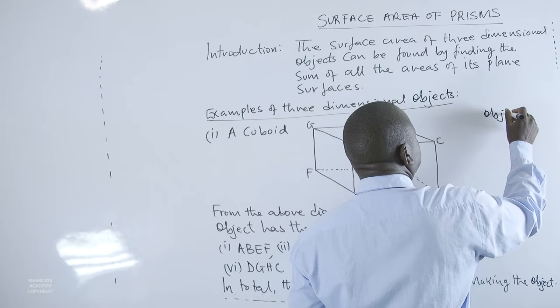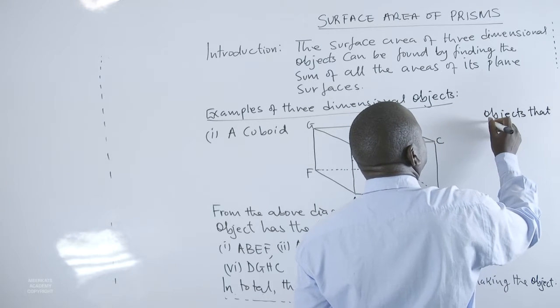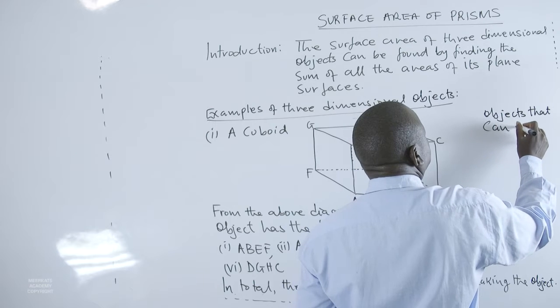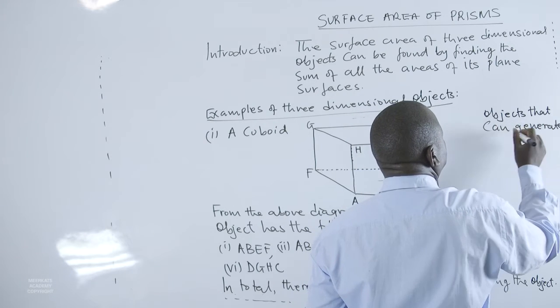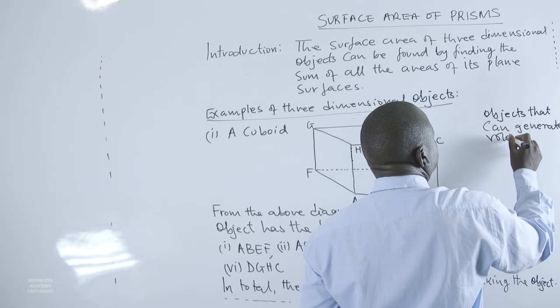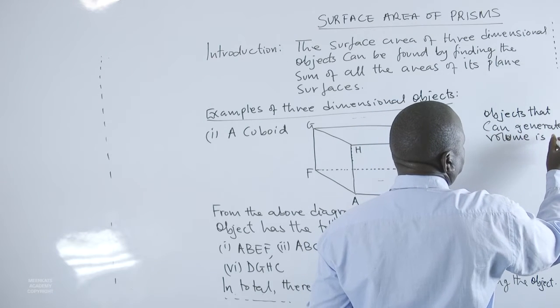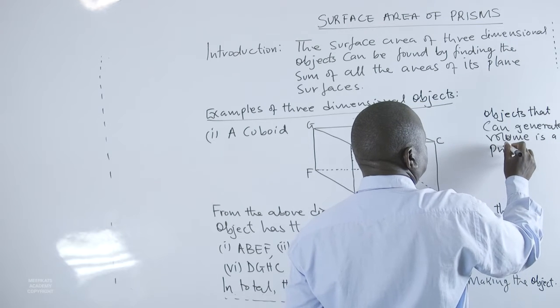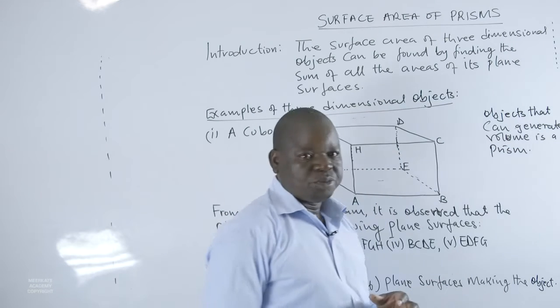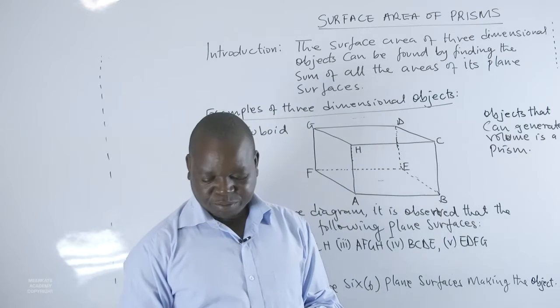Objects that can generate a volume is known as a prism.